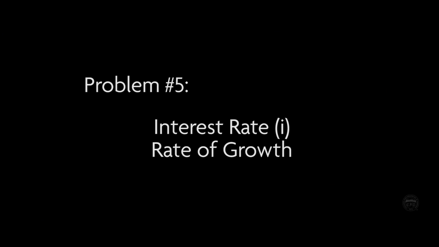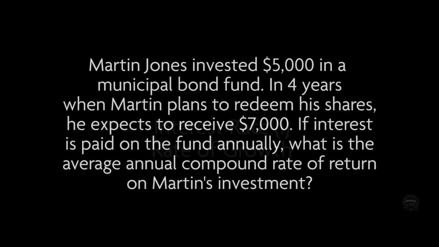Next, we're going to run a calculation to determine the rate of growth that's necessary. In this scenario, we have Martin Jones investing $5,000 in a municipal bond fund. In 4 years, when Martin plans to redeem his shares, he expects to receive $7,000. If interest is paid on the fund annually, and remember this is a red flag, watch for that annual compounding, what is the average annual compound rate of return on Martin's investment?